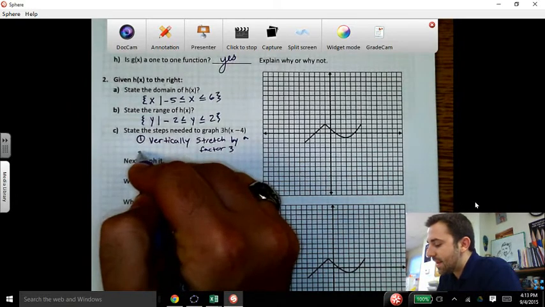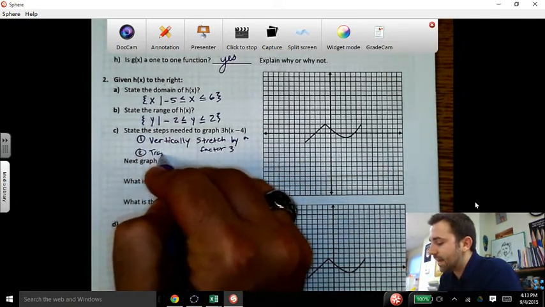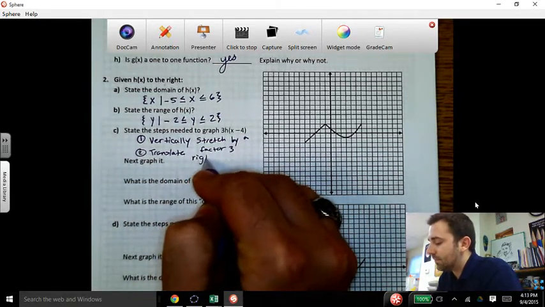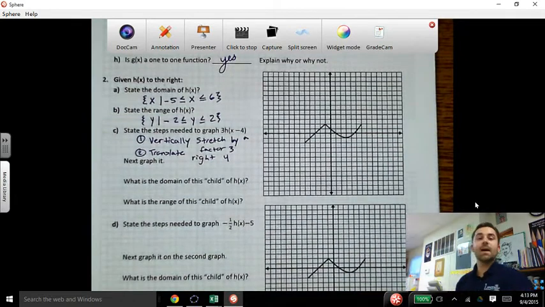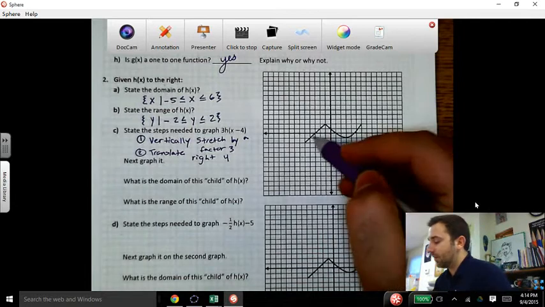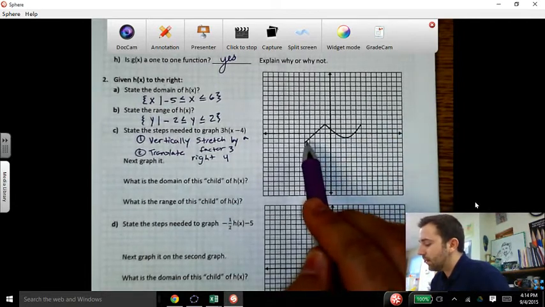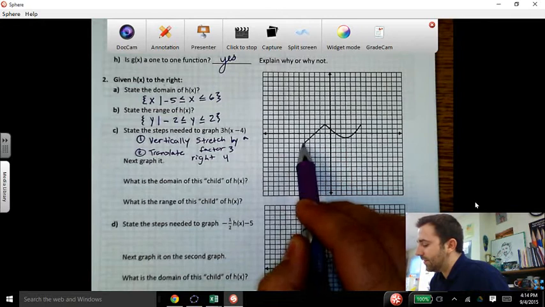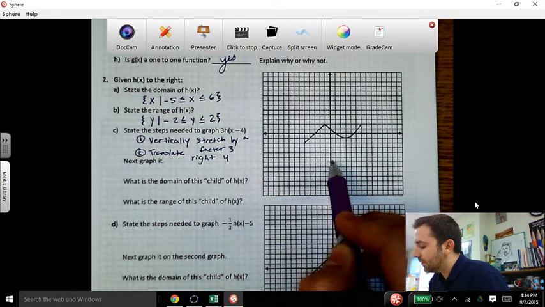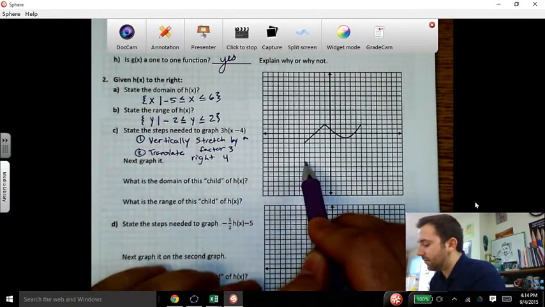And then my next piece is that I would translate the function right 4, because this -4 is happening in the argument, directly to the x, and whatever's happening inside the argument, we are doing the opposite. So -4 would translate right 4. So I would stretch it. This y value is at 2, so by a factor of 3 would be at negative 6. And then I would translate right 4.